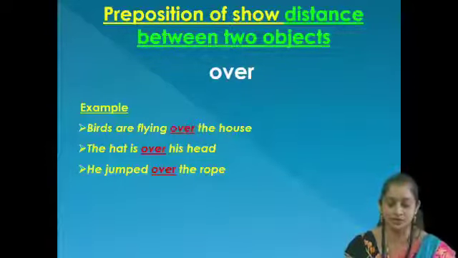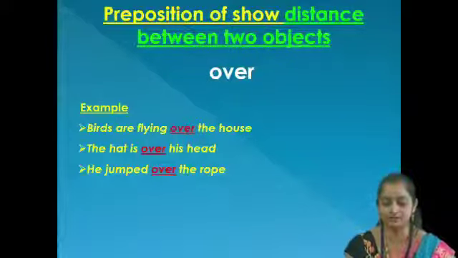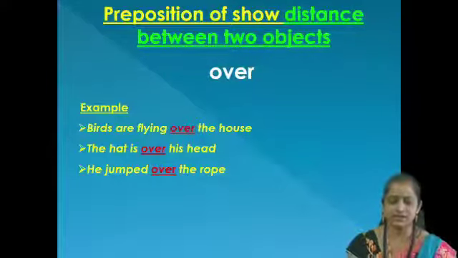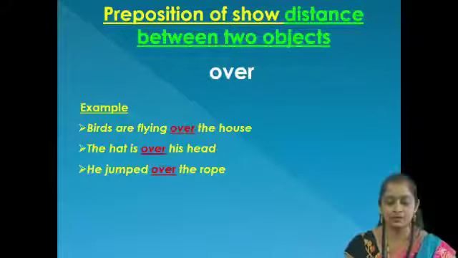Here, the preposition is over and it indicates distance between two objects, birds and the house. Next example is the hat is over his head. Here, the preposition is over and it indicates distance between two objects.